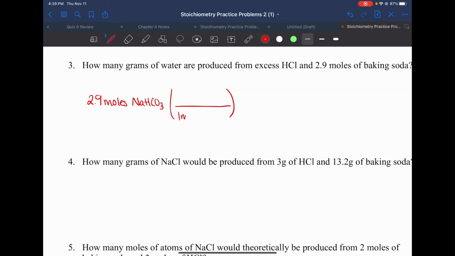So for every 1 mole of NaHCO3, we form 1 mole of water. For every 1 mole of water, we form 18 grams. Let's do it. 2.9 times 18. Divide that by 1, so it's just 52.2 grams of H2O.